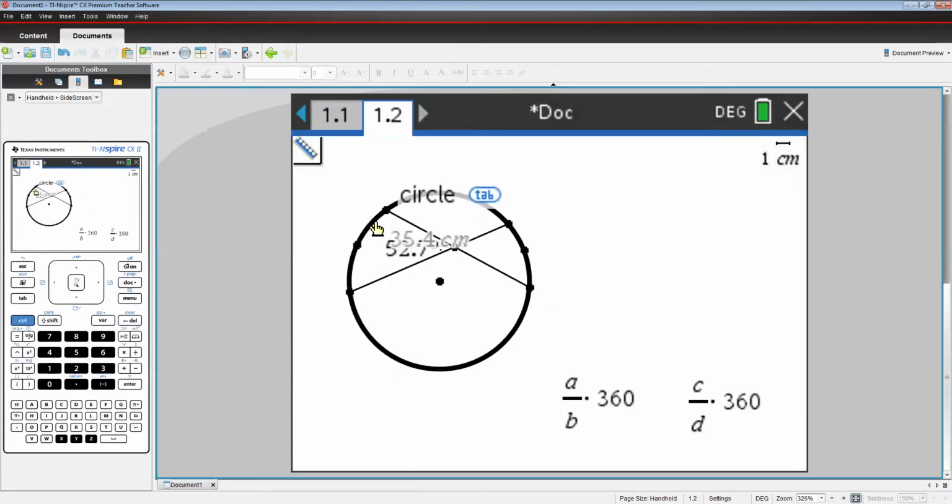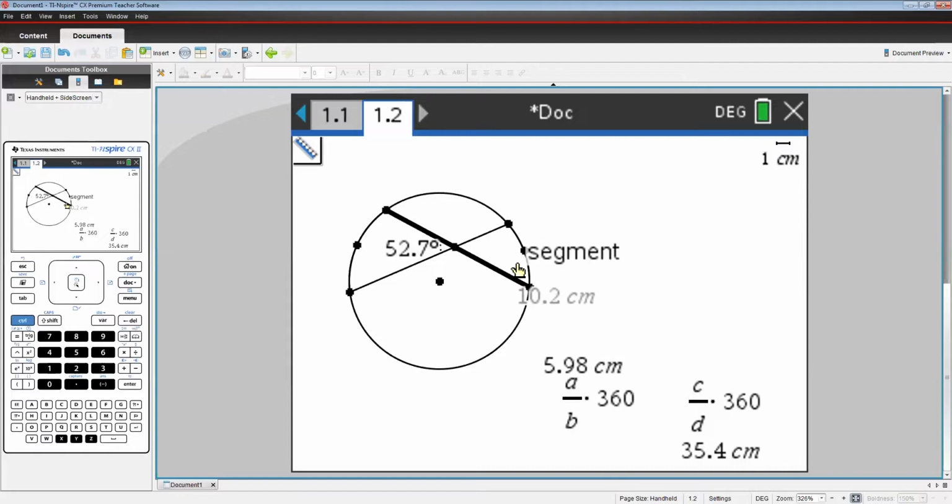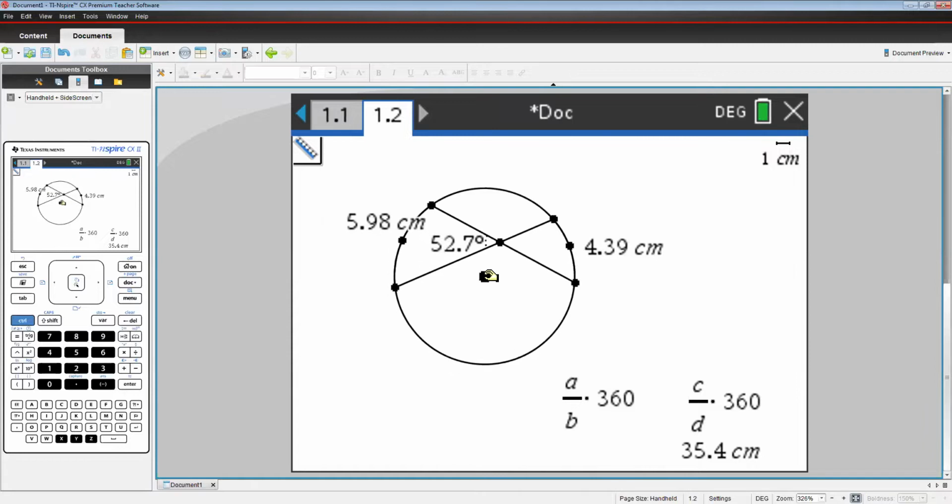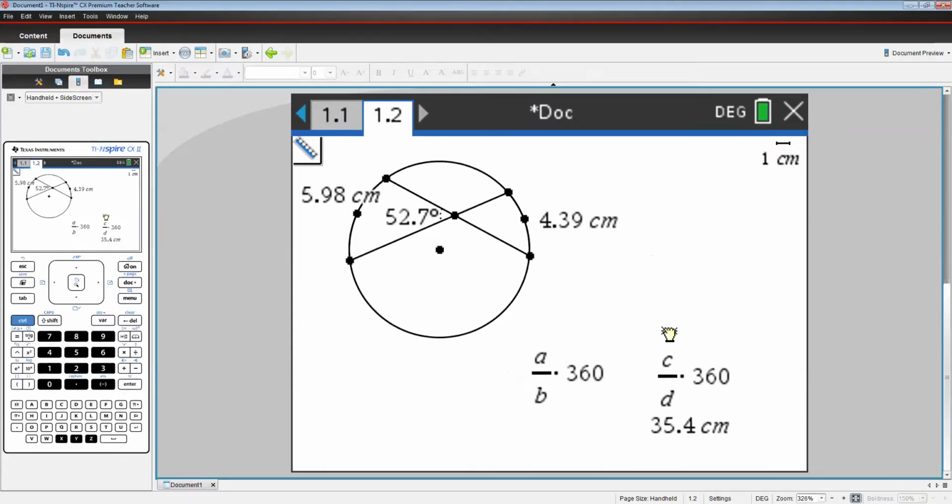And I'm going to measure the circumference first. That's going to be 35.4, right? And then I'm going to measure this small piece, hit tab. That is 5.98. And I'm going to measure this small piece over here. That's 4.39. All right, so to get the measure of those arcs in degrees, I have it set up down here.